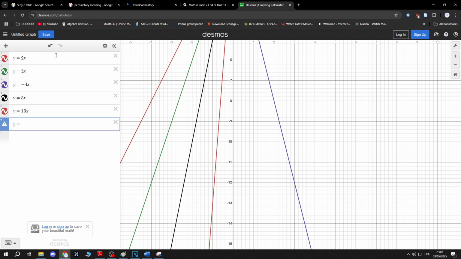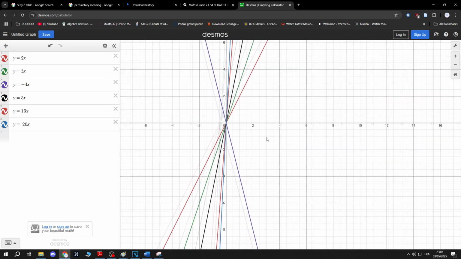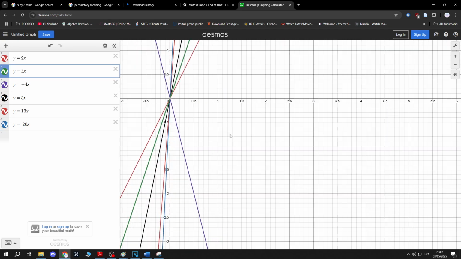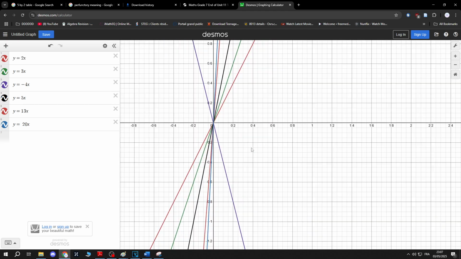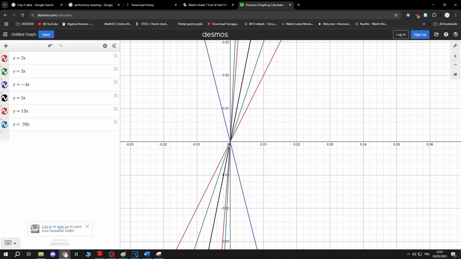I'll just input new ones, 20x. All right. What do you notice? They all go through the origin. This is the special thing about y equals mx. It goes through the origin.